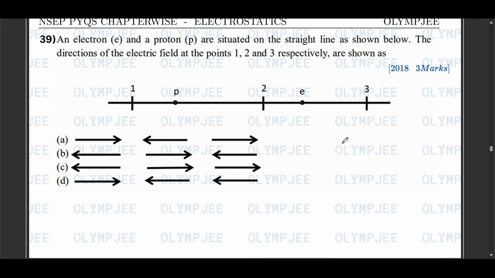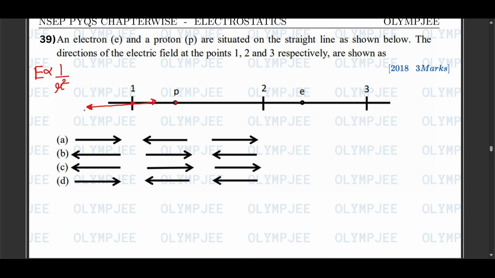Moving on to question 39, we have an electron and proton situated on a straight line as shown below. The directions of the electric field at the points 1, 2 and 3 are shown as? Okay, so proton is here and electron is here. Since point 1 is closer to the proton, and we know that the electric field is inversely proportional to square of distance, the proton will have a field in this direction and this will be greater than the attractive field of the electron because the distance between 1 and P is less than the distance between E and 1.